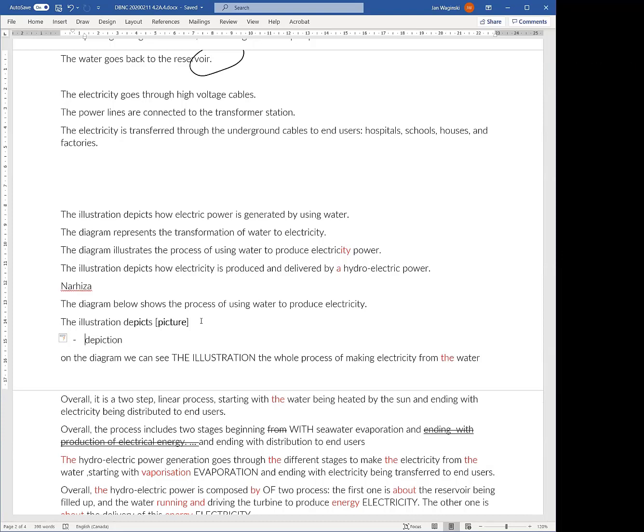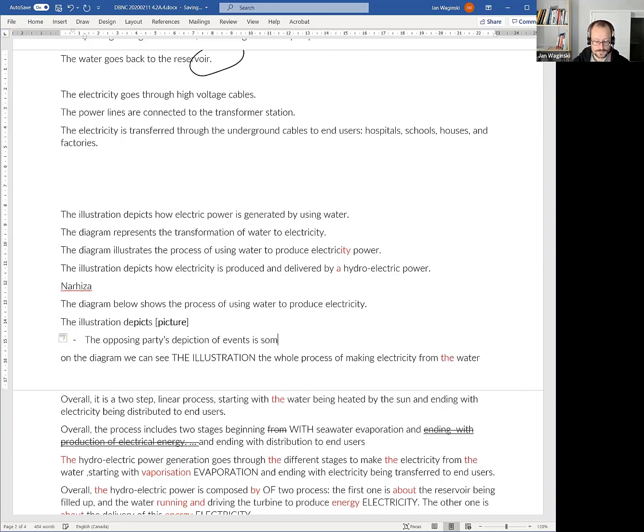Okay. Oksana, you would probably use this word. You'd say the opposing parties' depiction of events is somewhat inaccurate.